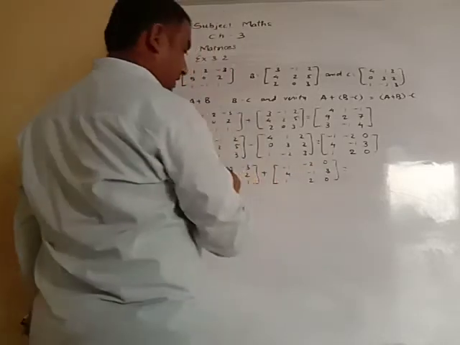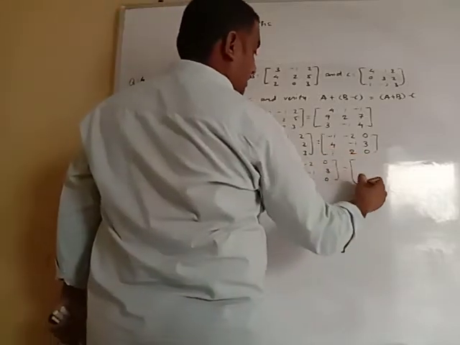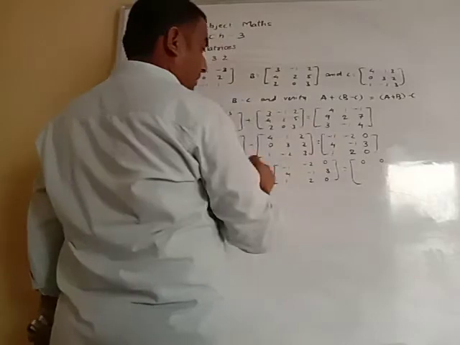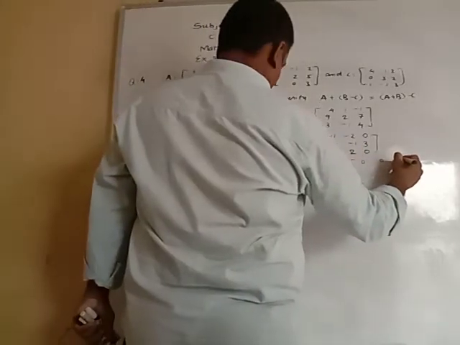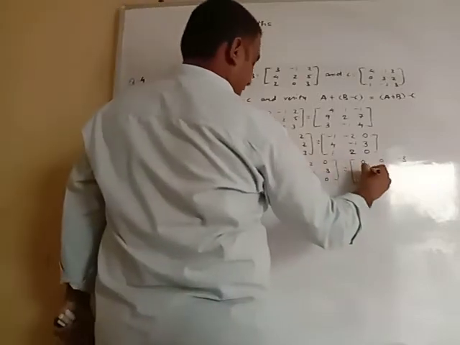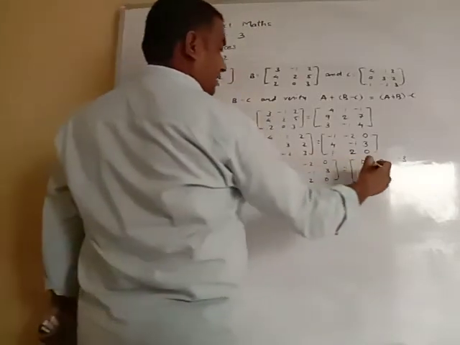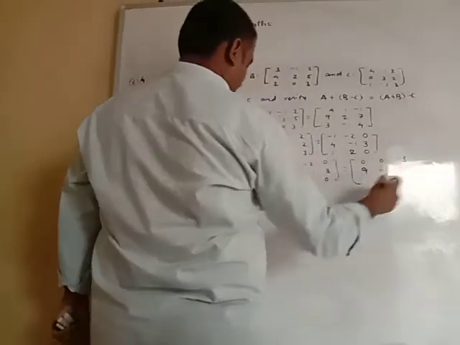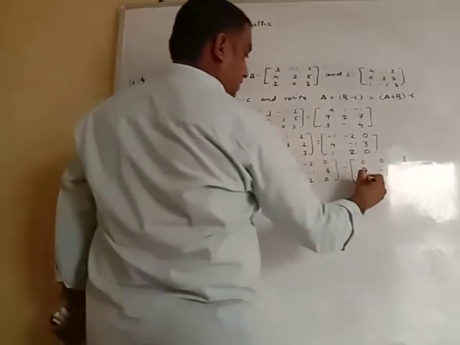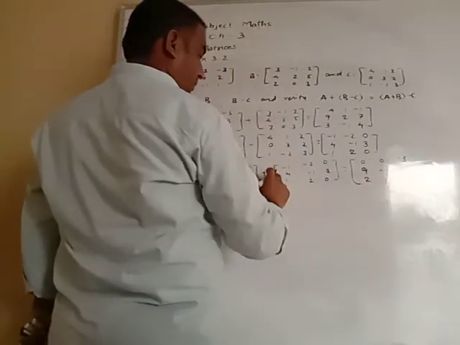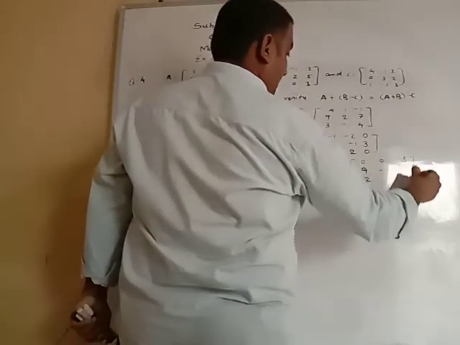We add them, then 1 minus 1 is 0, 2 minus 2 is 0, minus 3 plus 0 is minus 3, 5 plus 4 is 9, 0 plus minus 1 is minus 1, 2 plus 3 is 5, 1 plus 1 is 2, minus 1 plus 2 is 1, 1 plus 0 is 1.